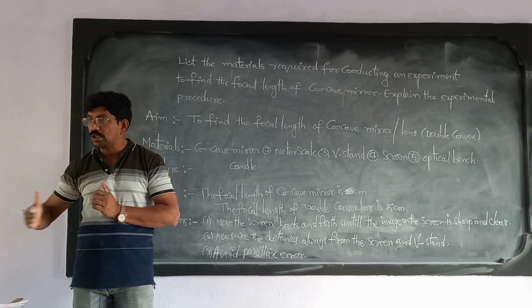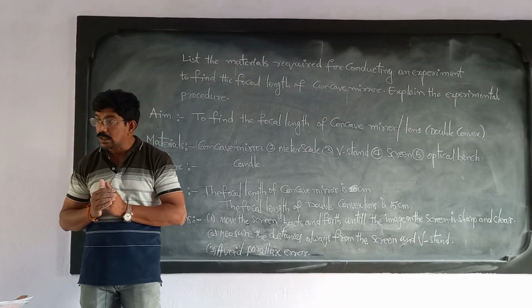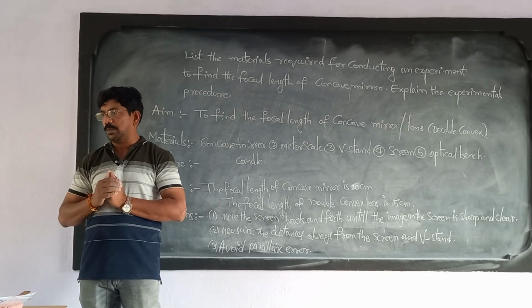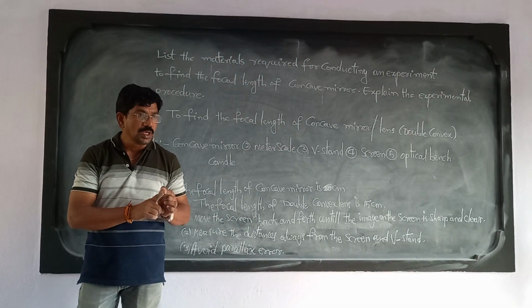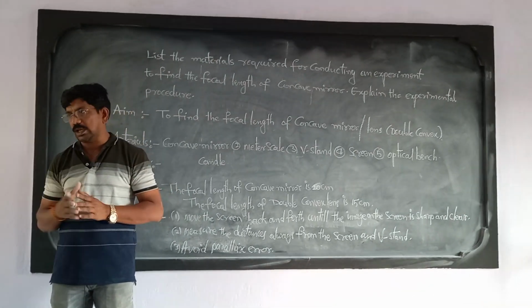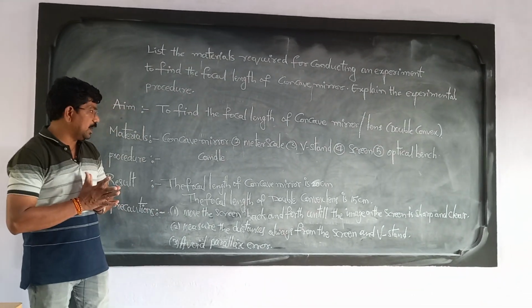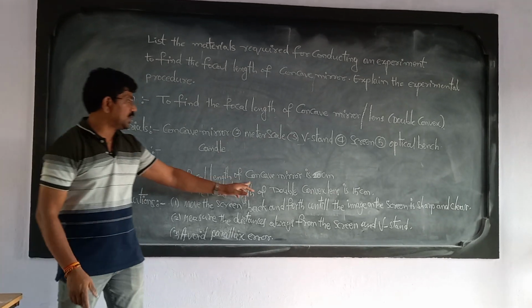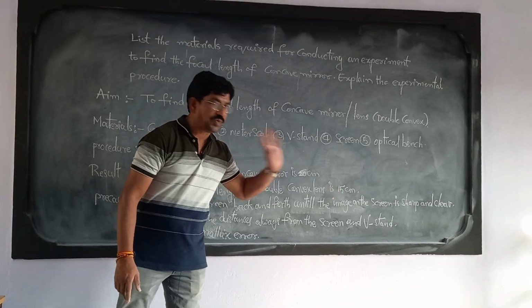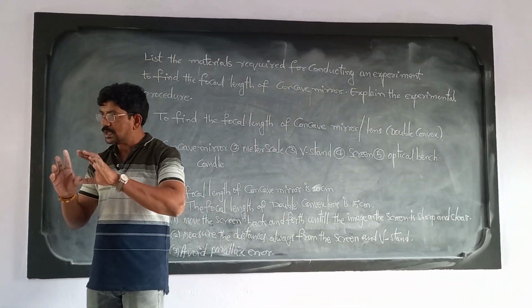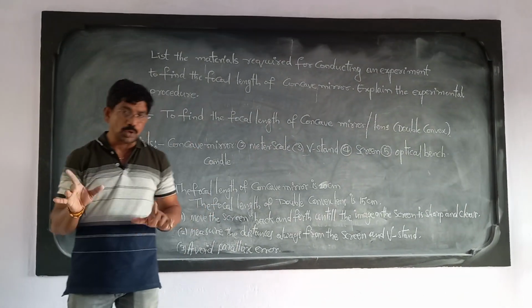I moved the position of the screen so that I caught the clear and sharp image. After that, I measured the distance between the V stand and the screen. Practically, in the case of the mirror it is 20 centimeters, and in the case of the lens it is 15 centimeters. For mirrors and lenses, the procedure is the same.